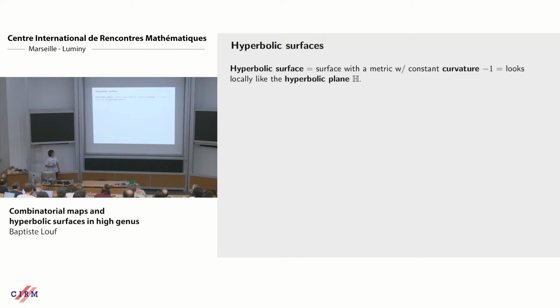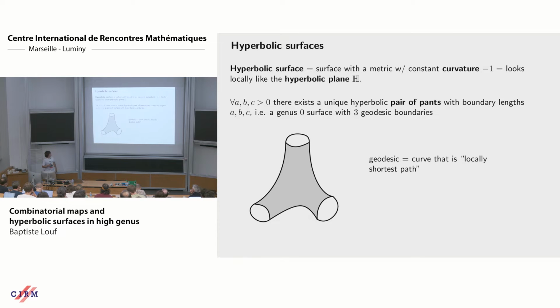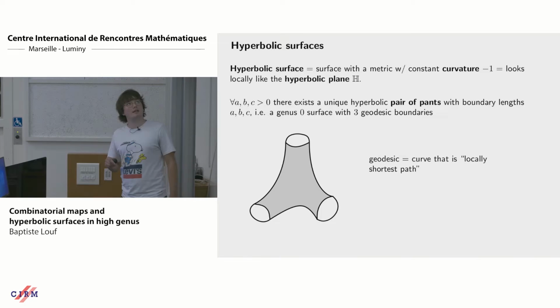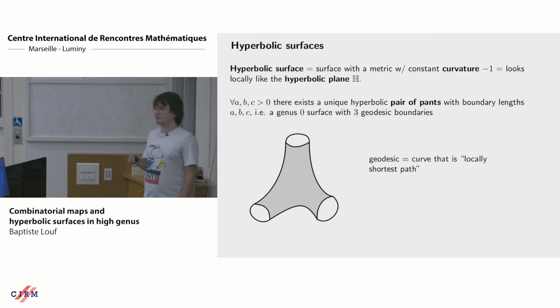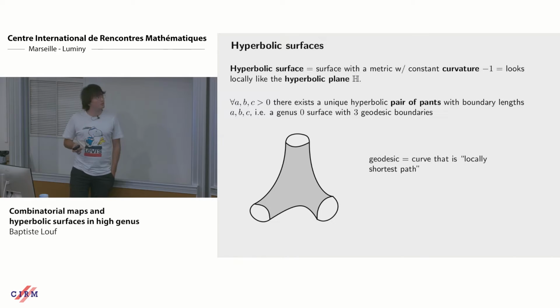It looks locally like the hyperbolic plane. The simplest hyperbolic surface you can get is the pair of pants, a sphere with 3 boundaries. If you specify the lengths of the boundaries, then there exists exactly one hyperbolic surface that is a pair of pants with these boundaries. That's going to be the building block of our bigger hyperbolic surfaces.